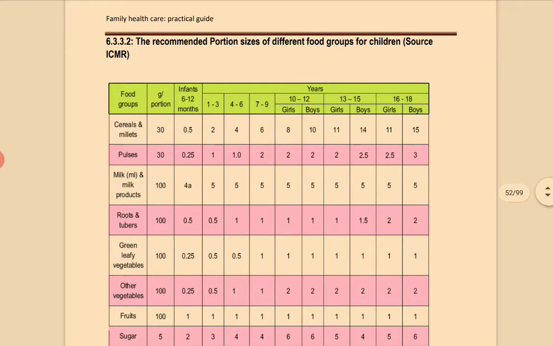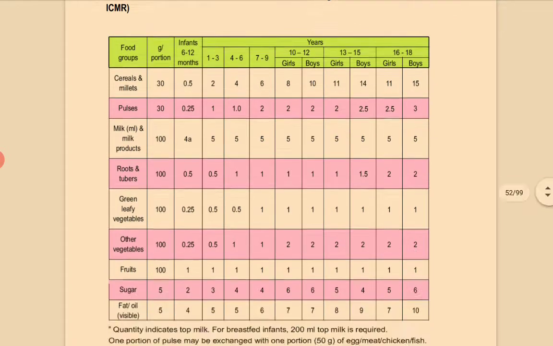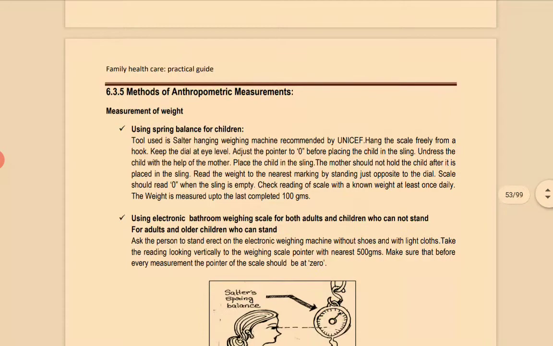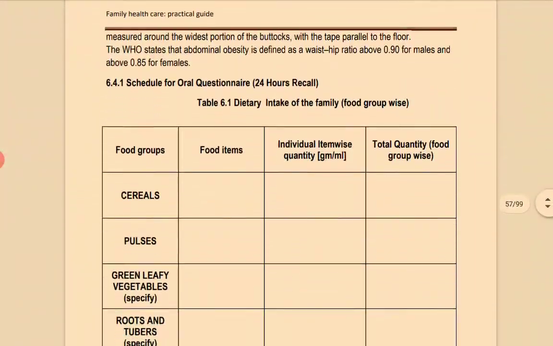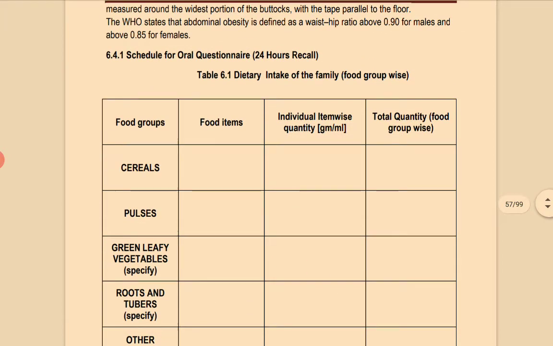This is the same thing which is given for children also. So what you have to do is collect the food history of a family in terms of food items, and write the individual item wise in grams or in ml, and then you will get the total quantity.